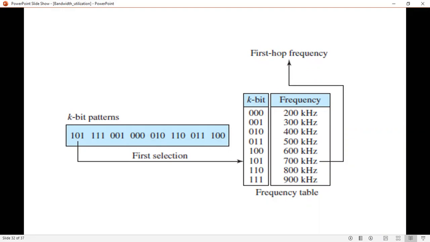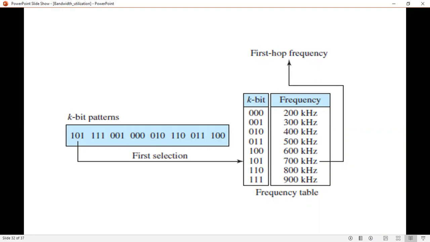The second k-bit pattern is 111. Again, you look in the frequency table for the frequency for 111. It is 900 kilohertz, and this is sent as a carrier signal.